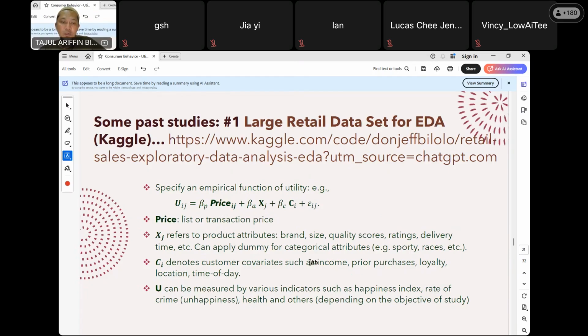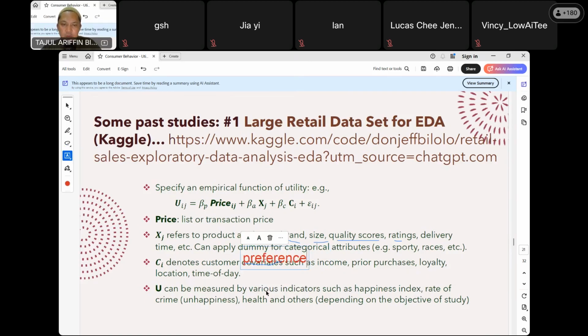X can be a set of items like brand, size, quality, score, rating. If you use dummies on the attributes, for instance sporty, elderly, youth, whatever, 1 if sporty, 0 if not. And C could be difficult terms, you can just say determinants, consumer preference.